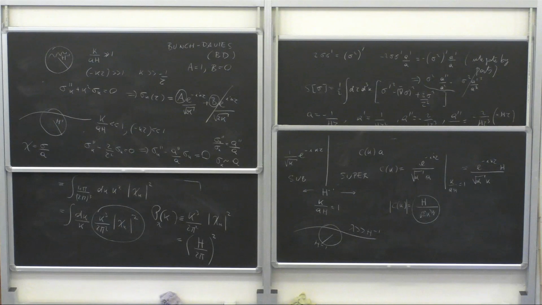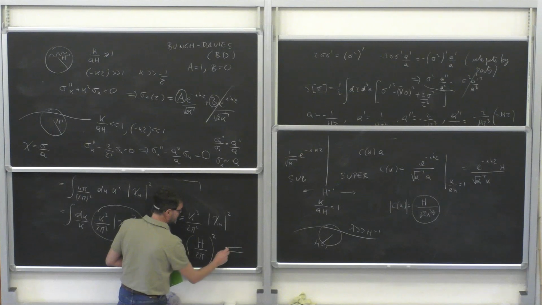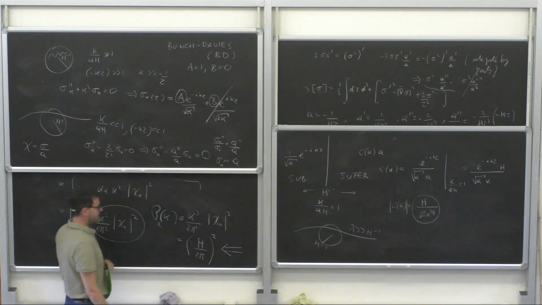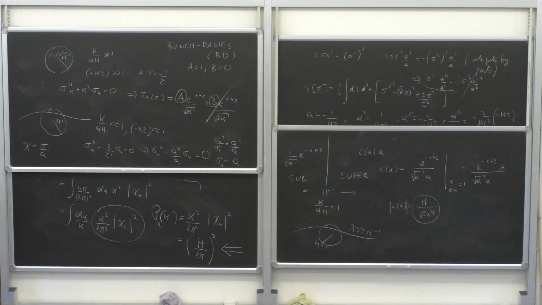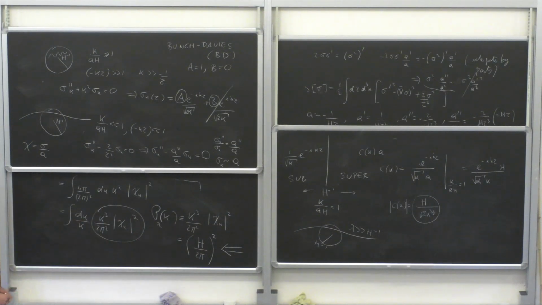Okay? So this is really the fundamental result of the cosmological perturbations, which tells you that the power spectrum, defined in this way, is the only object that in fact you can measure, because of course when you do an experiment you don't measure a single momentum perturbation, you measure an ensemble of them.